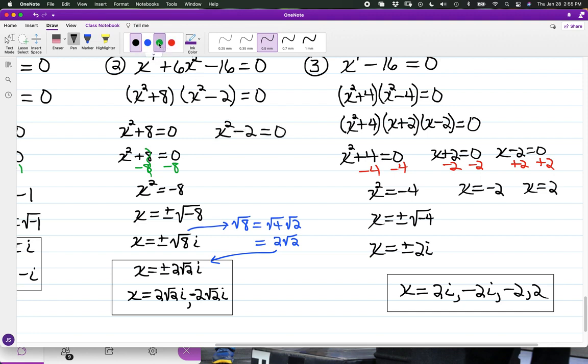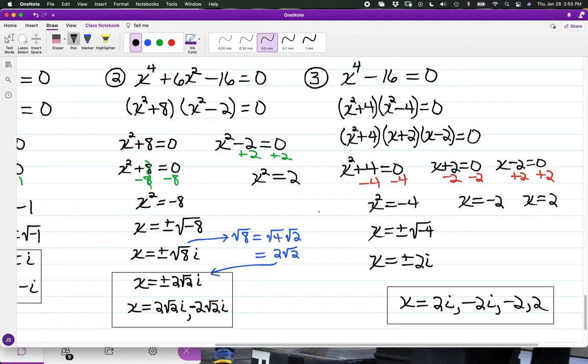If I add 2 to both sides, we have x squared equal to 2. With the square root property of equality, x is going to be plus or minus the square root of 2.